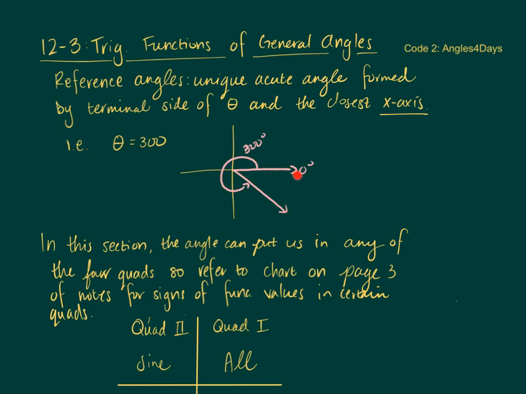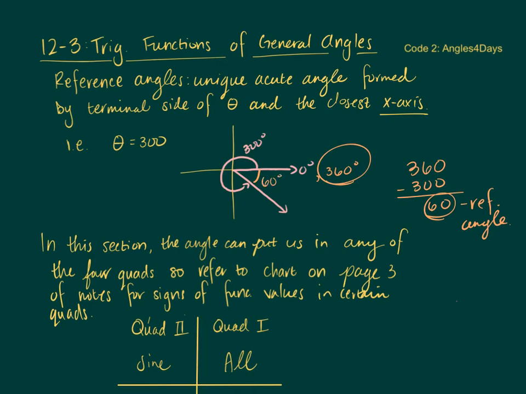The closest x-axis is this positive x-axis, but it's not the value of 0, it's the value of 360, okay? So our reference angle is the distance between 360 and 300. So I take 360, subtract 300. My acute angle must be 60. So my reference angle is 60 degrees.